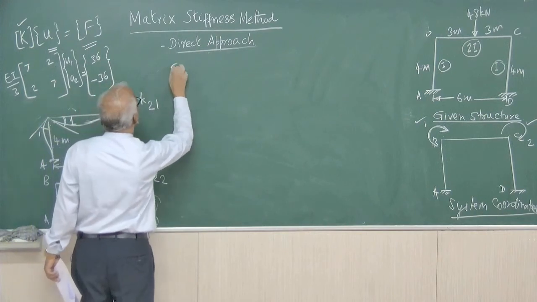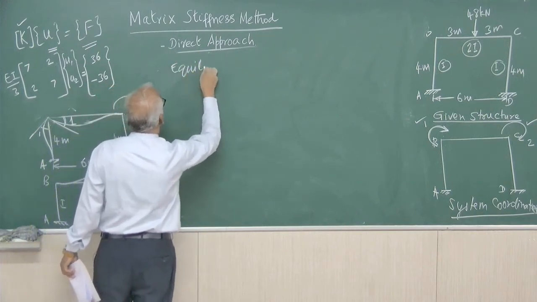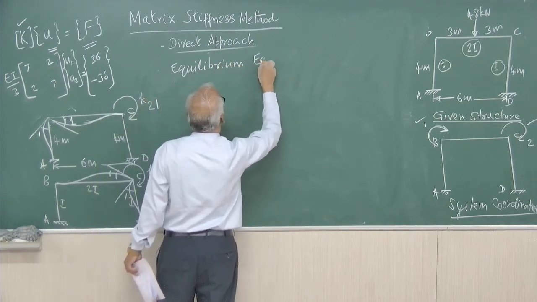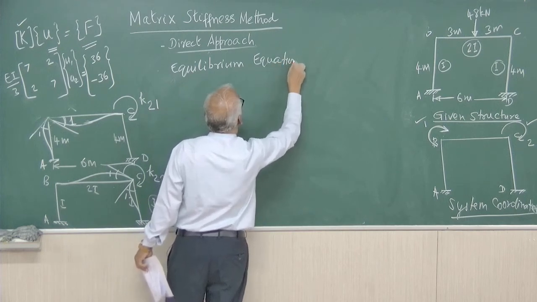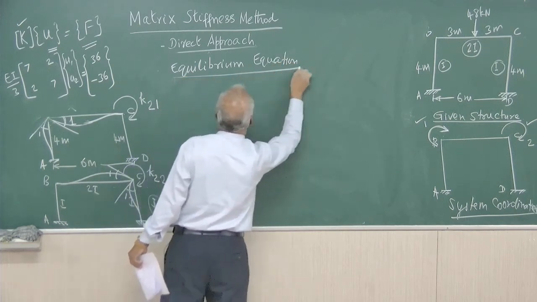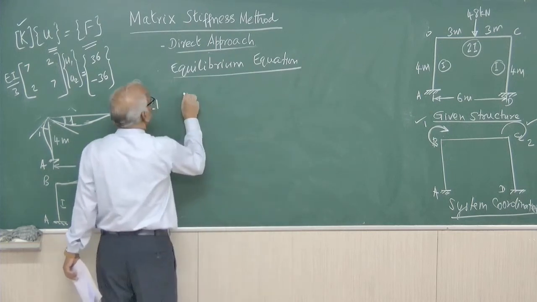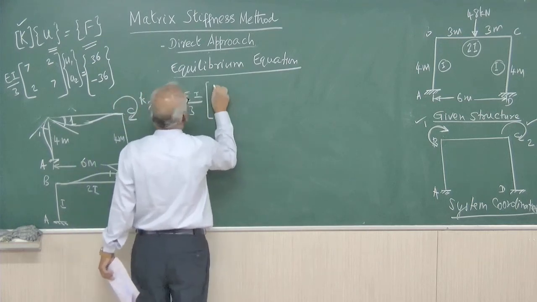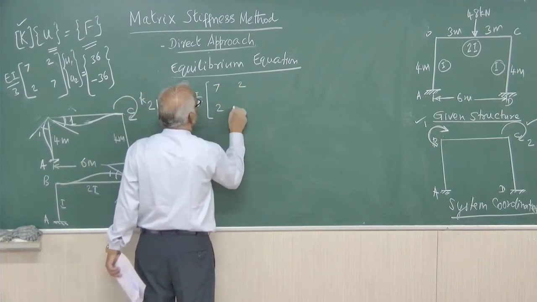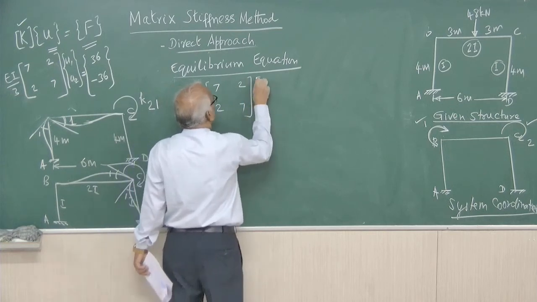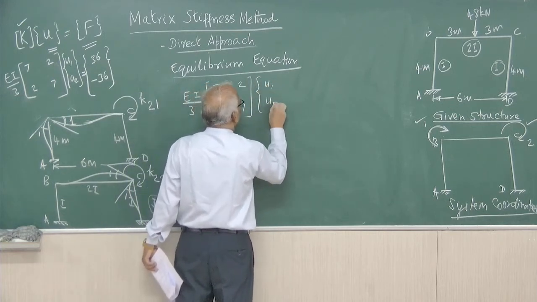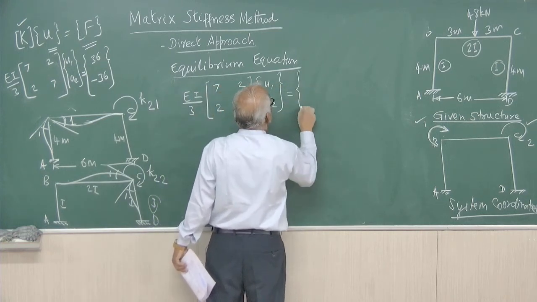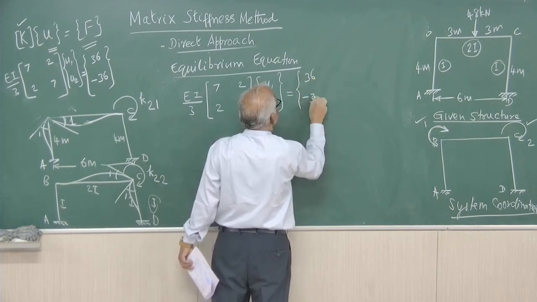So the equilibrium equation is EI by 3 times the matrix 7, 2, 2, 7, into U1, U2, equal to 36, minus 36.